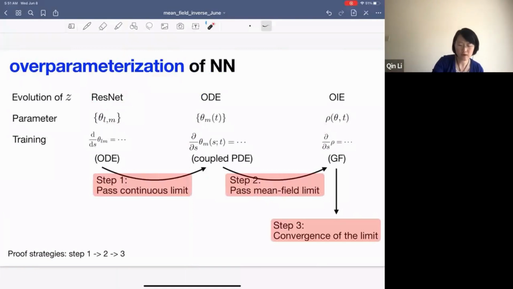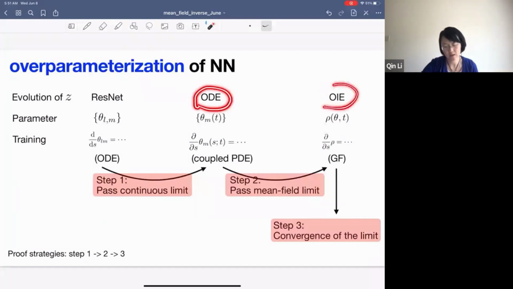In this setting, you translate the residual network to a class of ordinary differential equations. And then you have a whole lot of lines over here. So the ordinary differential equation gets translated to the ordinary integral equation. So this is to pass a continuous limit and pass a mean field limit respectively.